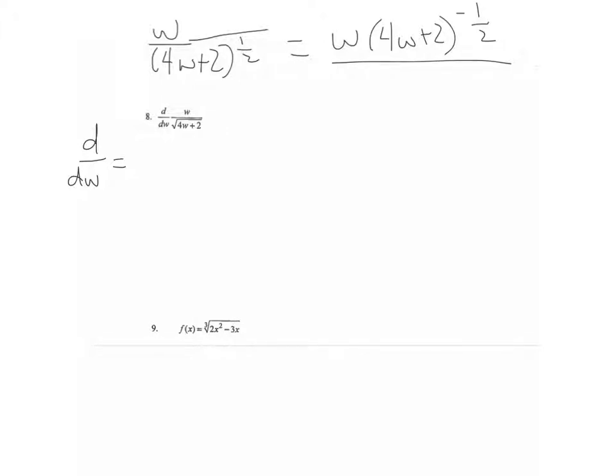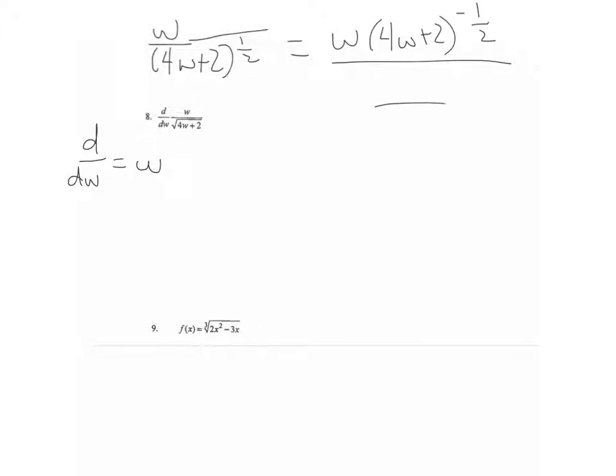Notice I haven't done any calculus yet. This has just been algebra to rewrite it in a form where I can now work on taking the derivative. With the product rule, the derivative is found by taking the first, which is a w, times the derivative of the second. Well, this is where the chain rule comes in.